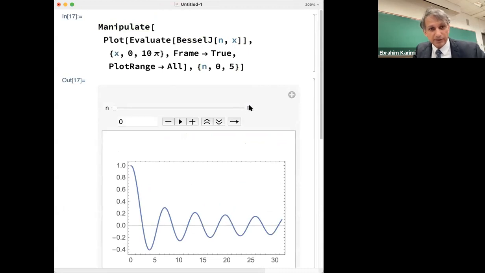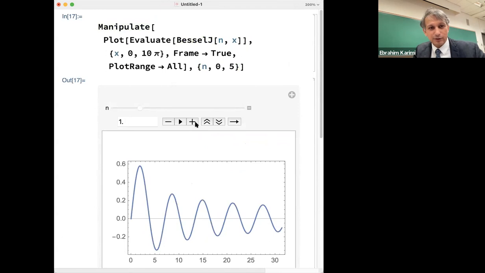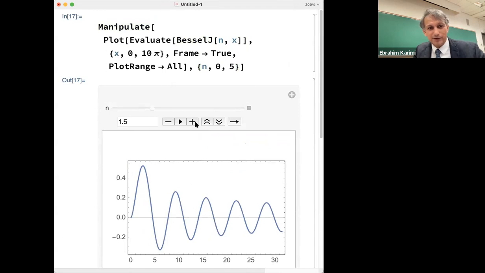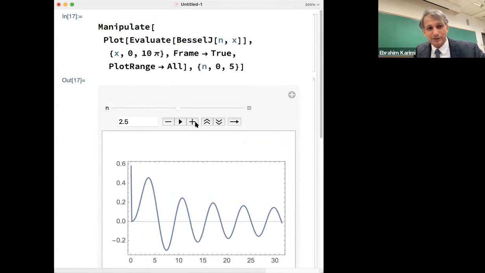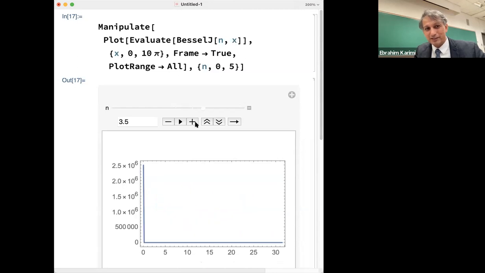So that's what happens when I'm changing n. That's n equal to 0.5, n equal to 1, n equal to 1.5, 2, 2.5. You will see that 2.5 has a strange behavior, 3 starts from 0, and so on.